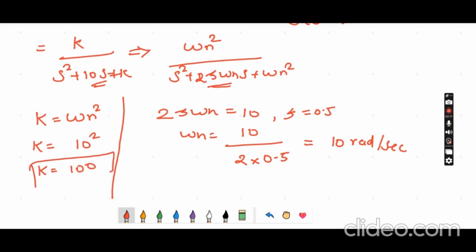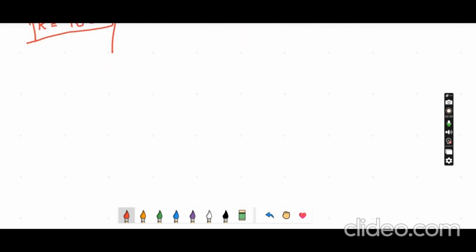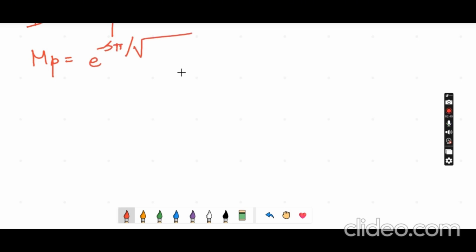So out of three values, we have obtained the first value K. In addition to that, we also obtained omega n, and from that only we have calculated the value of K. Next we will find the other two parameters, that is Mp and also Tp. How to find Mp? Mp is nothing but e power minus zeta pi divided by root of 1 minus zeta square, multiplied by 100.